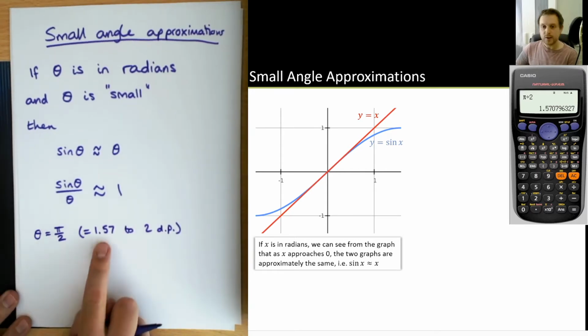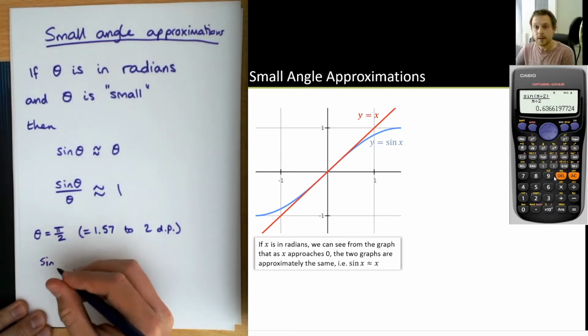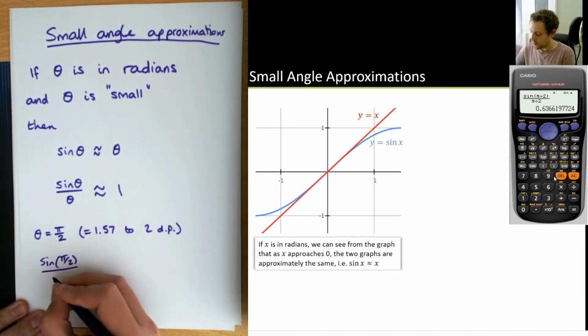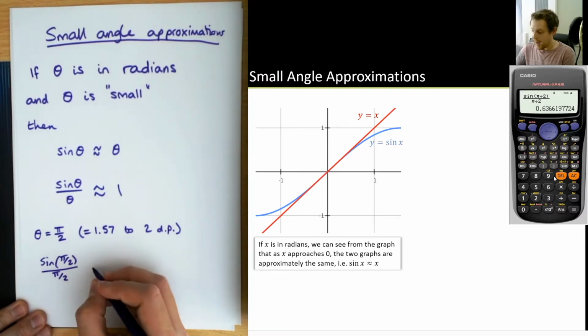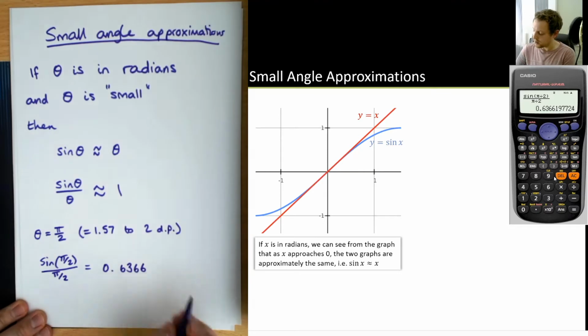Now, is this small? Is this a small angle? Well, let's see. How good is it? So if I do sine of pi by 2 and I divide that by pi by 2, let's do sine of pi by 2 over pi by 2, and that's 0.6366. So I'll just go to 4 significant figures, so 4 sig fig.